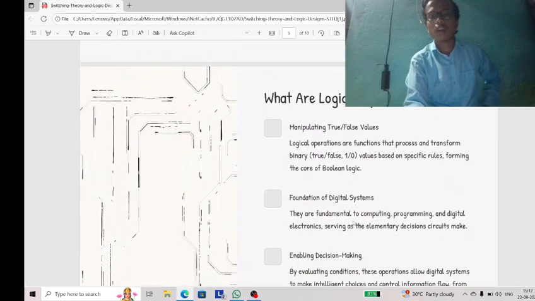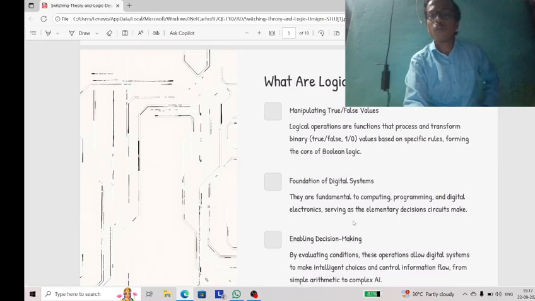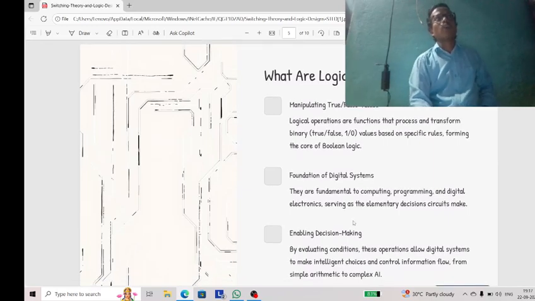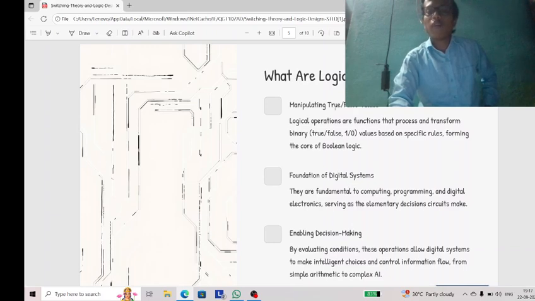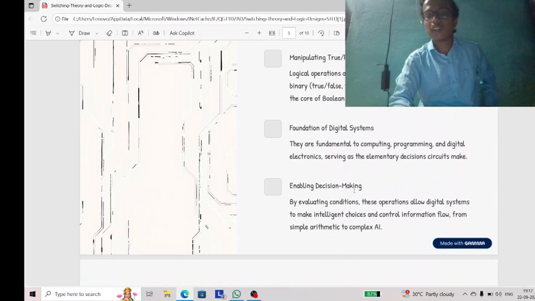Now we have to see what logical operations are. Logical operations are about manipulating true or false values, the foundation of digital systems, enabling decision making.